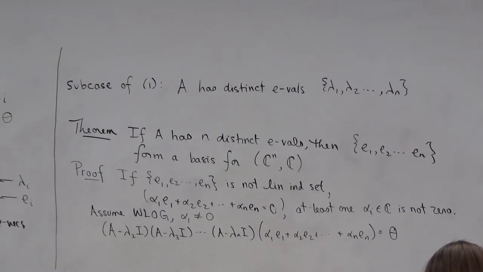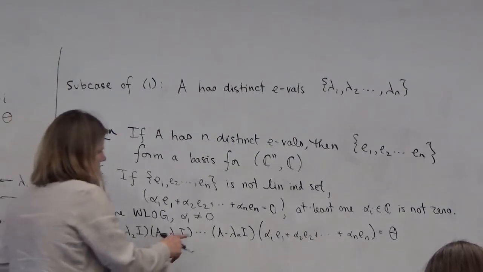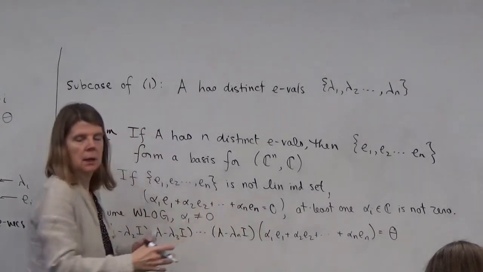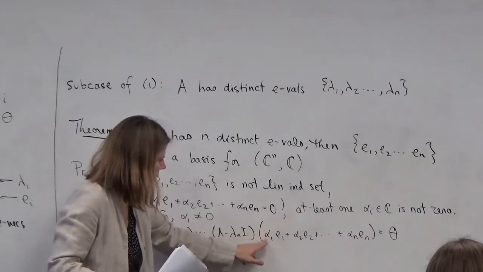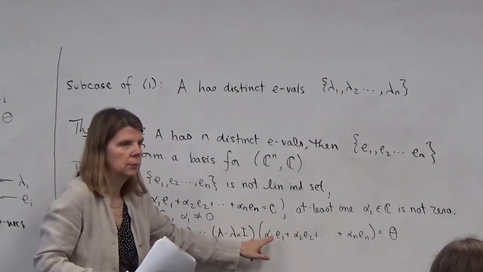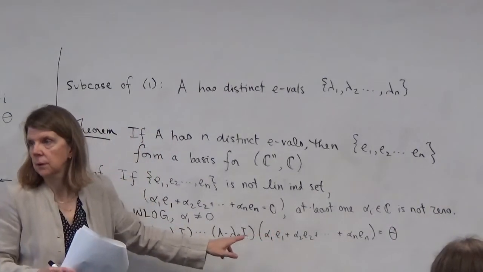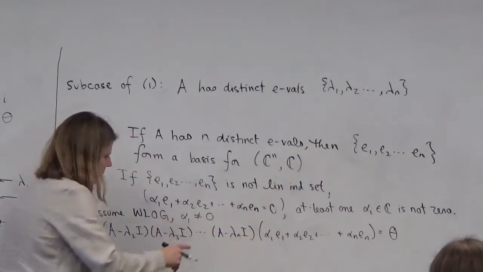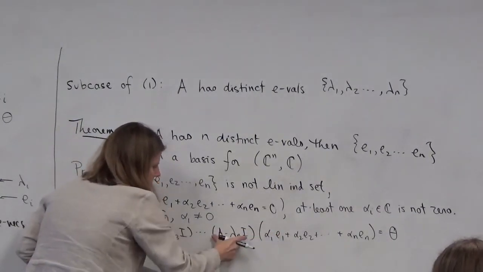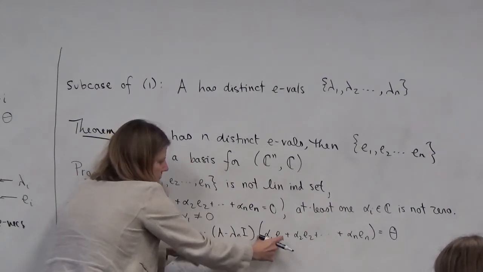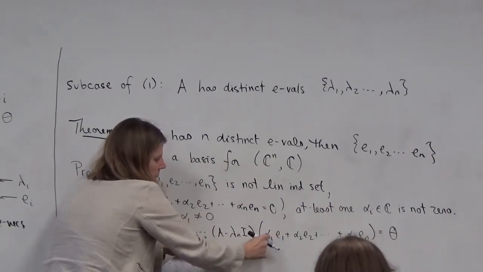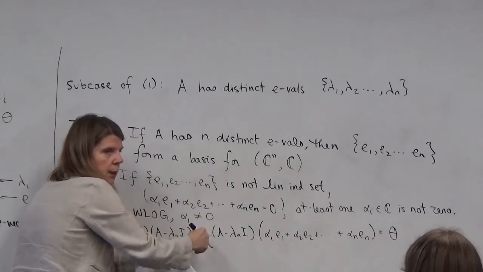Okay, so what happens? Well, let's just suppose for this proof, and you'll see how it generalizes, let's just focus on the alpha 1 E1 term, because I know that that's not 0. So I'm going to now look at this last term here, A minus lambda n I times alpha 1 E1. Well, alpha 1 is just a scalar, so it can come back up.